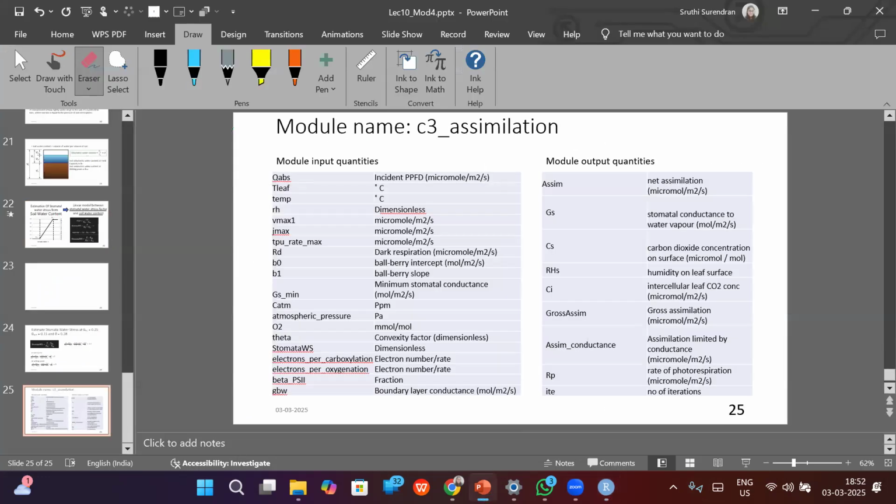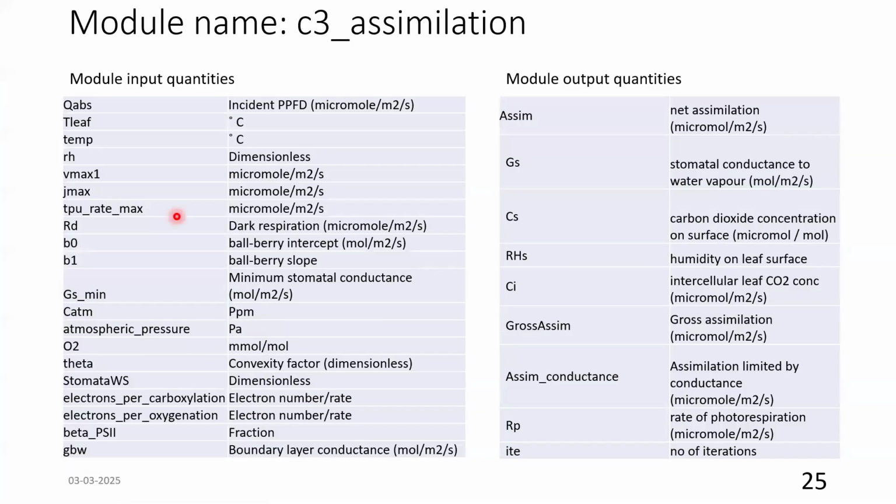So the input quantity is QAbs, which is the incident photosynthetic photon flux density, which is the incident light that is available to the leaf. Then the temperature of the leaf, the air temperature, relative humidity. Vmax1, we know, is the maximum rate of carboxylation.